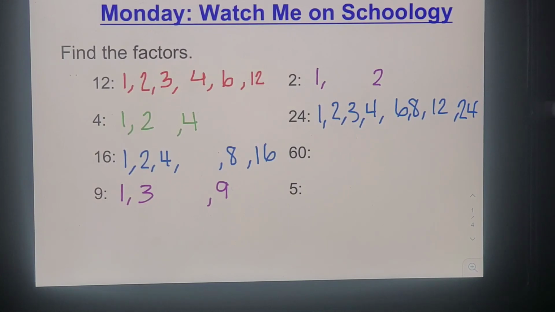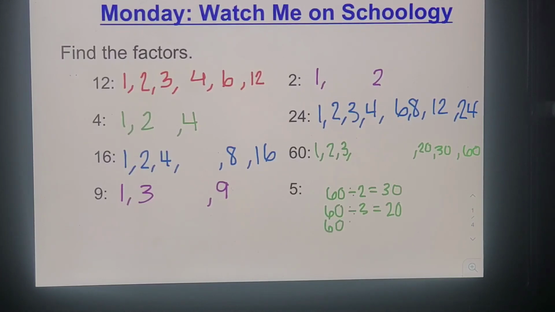So now let's try 60. So we start with 1 and 60. In your calculator, we'll do 60 divided by 2. That equals 30. So we can write 2 and 30. Next, we can try 60 divided by 3. That equals 20. So we write 3, 20.